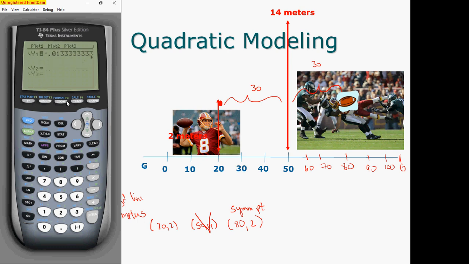So you hit y equals, turn the plot on, and then remember you start from a zoom stat or zoom statistics window, because that guarantees that all 3 of your points that you put in are there. And that's a pretty decent window, right? I see the vertex. I'm high enough that I see the vertex there, and there's my parabola. When I hit trace, notice that when you hit trace first, up here it says P1.